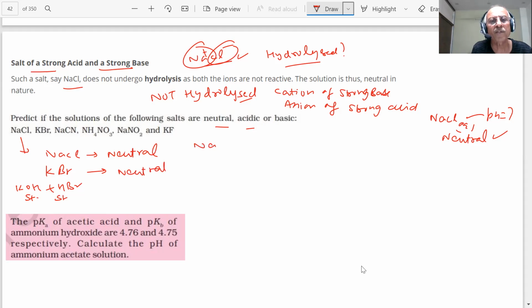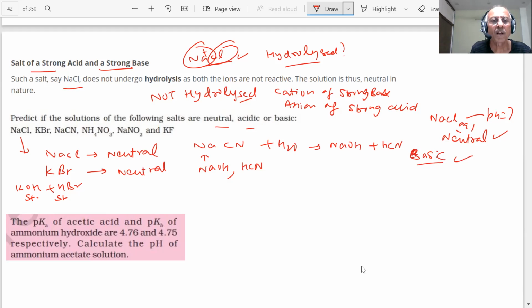If I take NaCN, it will be NaOH and it is coming from HCN. If I react this with water, it is producing NaOH plus HCN, student. So what is the result of this? NaOH is strong, HCN is weak, so it should be basic. It will be alkaline, student, or basic here.